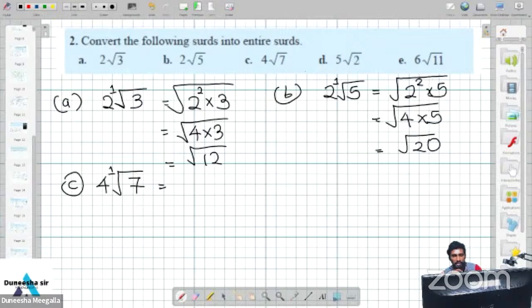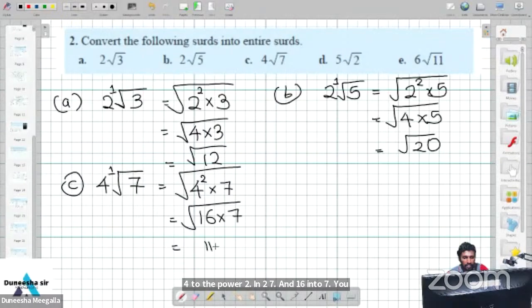What is the answer for the C? No. 112. Yes, 112. 4 to the power 2 වෙනවා නේද? ඇතුළට ගිය ගම into 7. Then 16 into 7 නේද? The answer is 112. Root 112.